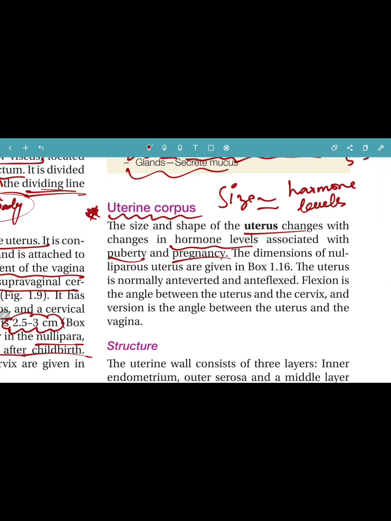The dimension of the nulliparous uterus is given: the uterine corpus is around 5 centimeters.